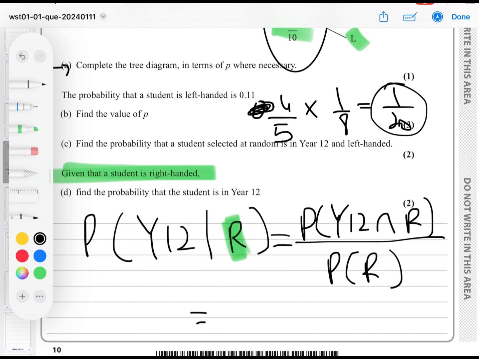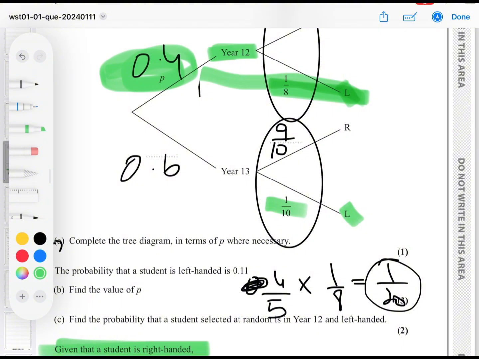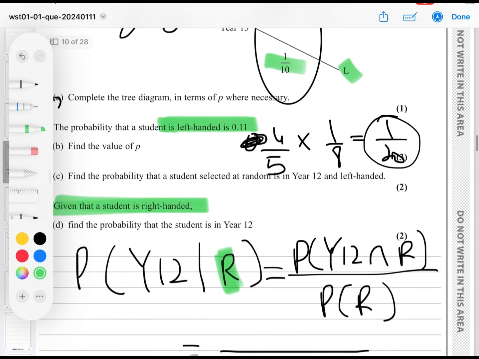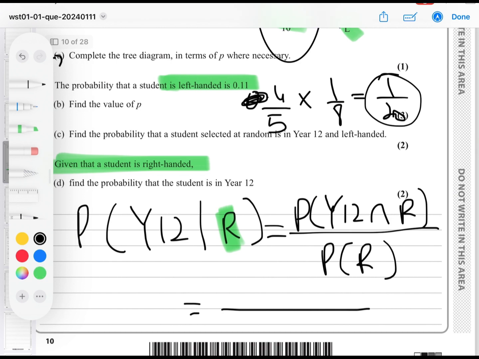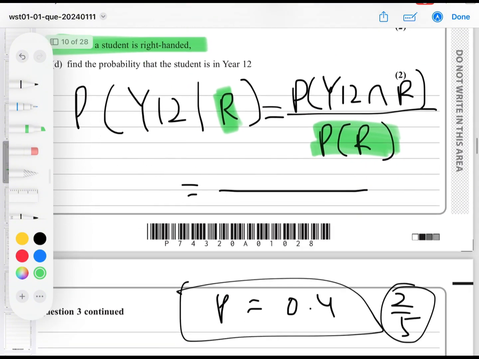So now we'll pick the right hand. You know that the probability for the left-hand students is 0.11. They're asking for the right hand from the whole scenario, all the students with the right hand.